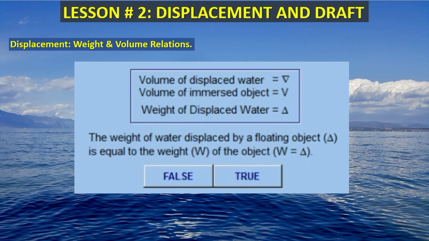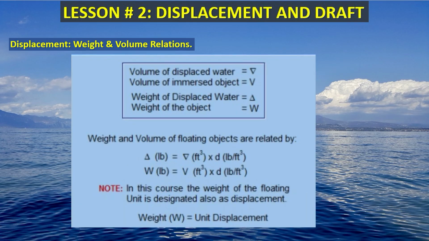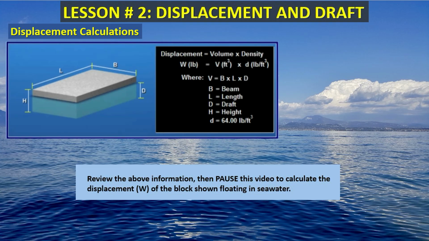The weight of water displaced by a floating object is equal to the weight of the object. Note that in this course, the weight of the floating unit is designated also as displacement. Review the above information, then pause this video to calculate the displacement of the block shown floating in seawater.